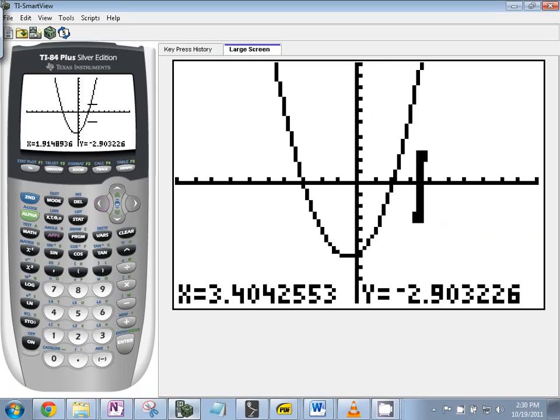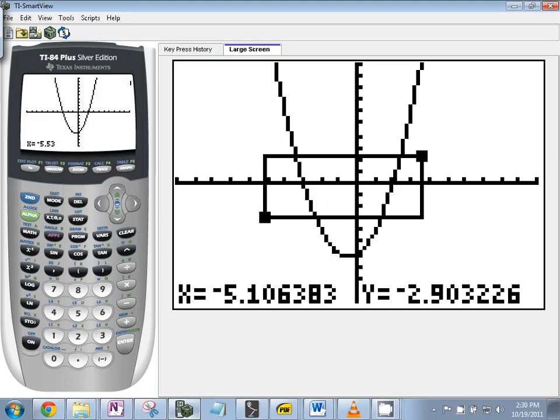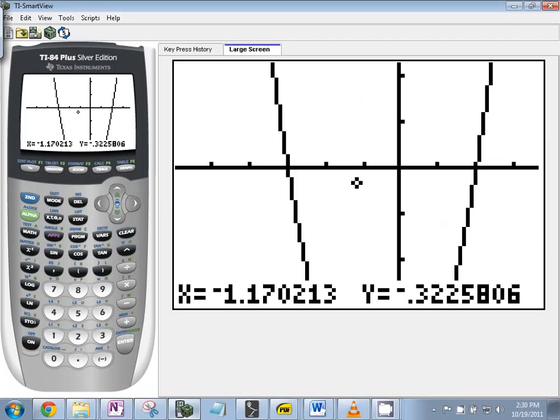Did the zero change? No, it did not. Is the vertex the same? No. The vertex will not stay the same, it'll be shallower. So if I made it 0.1, and go vars, y1, and graph this, it's even shallower. But does the zero change? No. 0 times anything is 0.